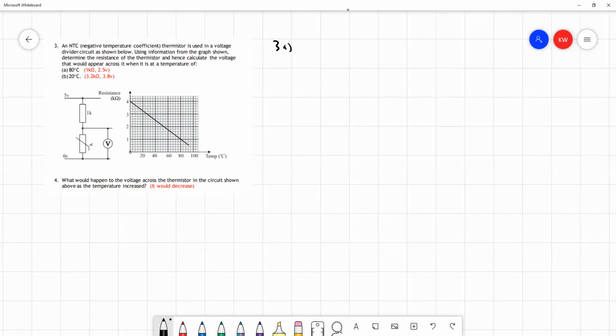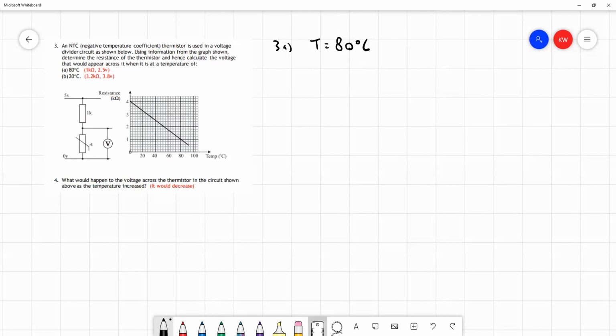Here we're told the temperature is 80 degrees Celsius. Although we're given the answer in the question, we want to make sure we actually know how to solve a problem like this, because when it comes to the TMA, of course, we won't be given the answers. So, the temperature is 80 degrees Celsius.